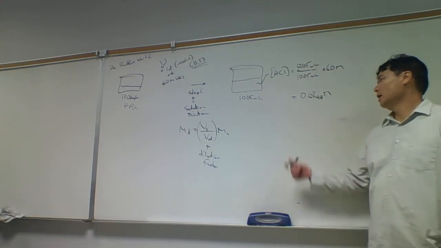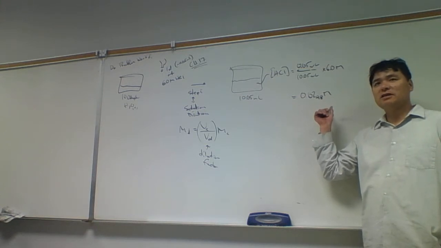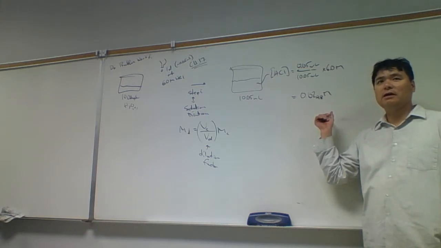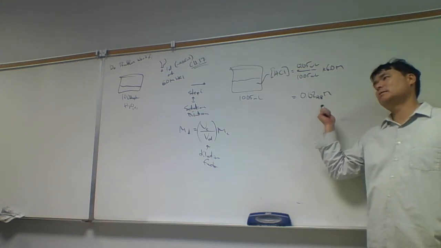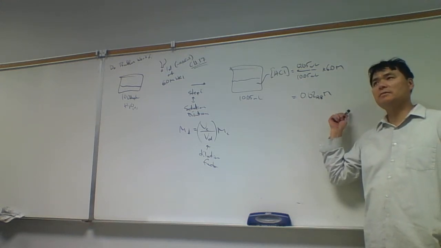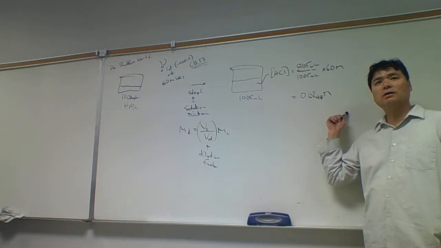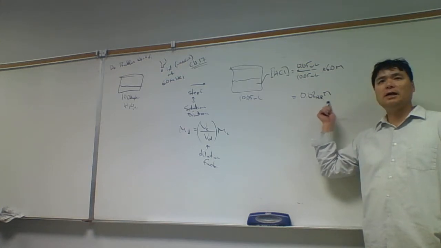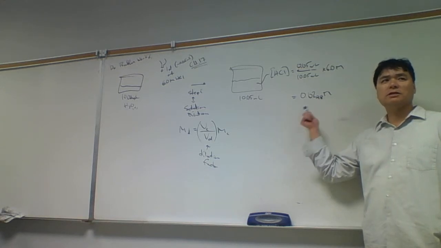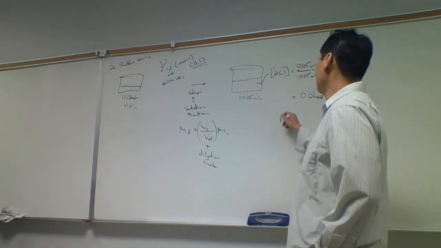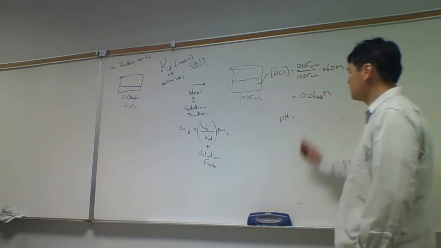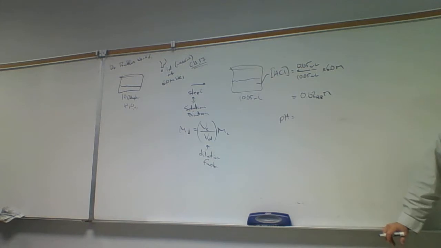That's the most. I can expect a lot less because of the common ion effect, Le Chatelier's principle. And so if I'm expecting like 10 to the minus 8, 10 to the minus 9, 10 to the minus 10, 10 to the minus 11 molar hydronium from water, is that going to have any impact on the pH? No. So automatically I'd skip step 2, I'd stop here, and then look at the pH. And so based on this concentration, I would say, no, I'm not going to worry about Kw.